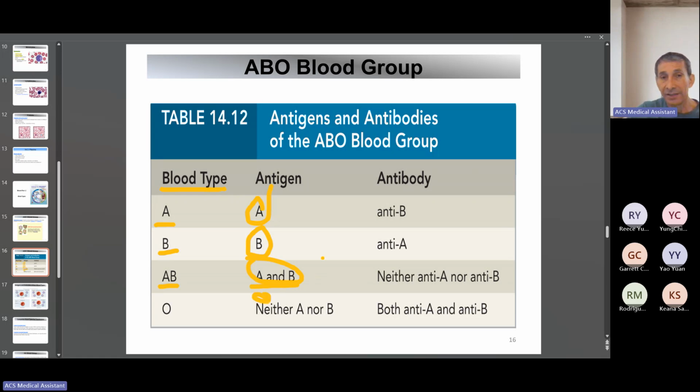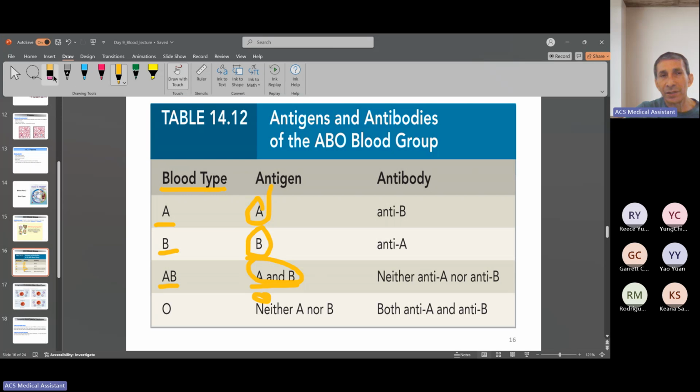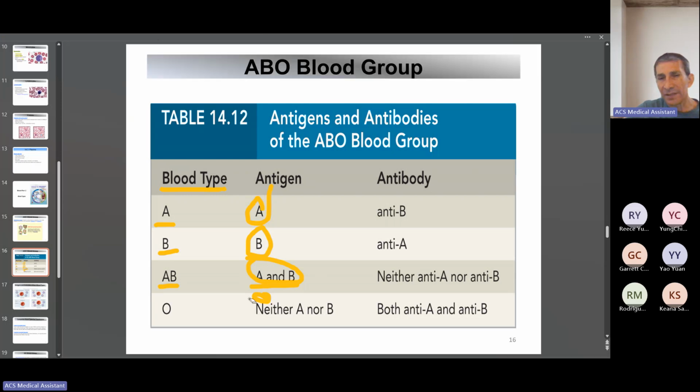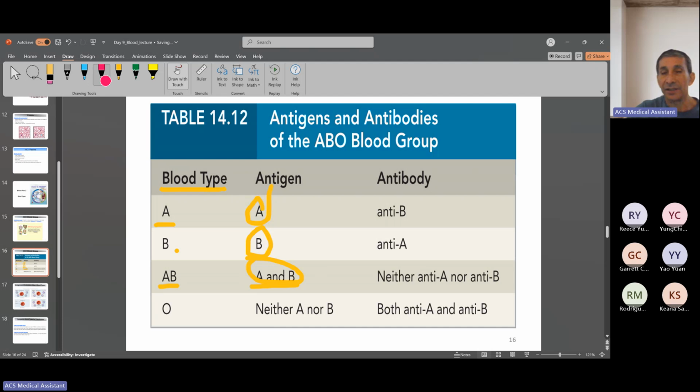So on the surface of the cell, we're not going to see any antigens. If we don't see antigens, we already know that you are O. It says right here, neither A nor B antigens, because we don't have O antigens.